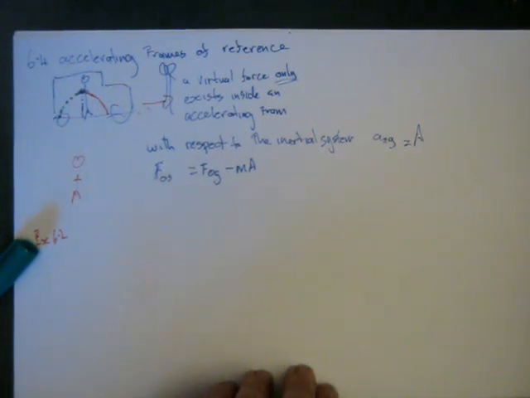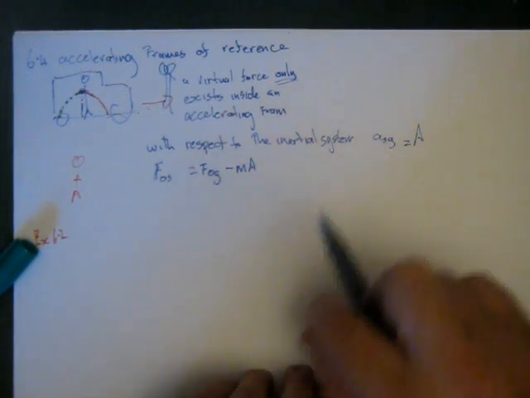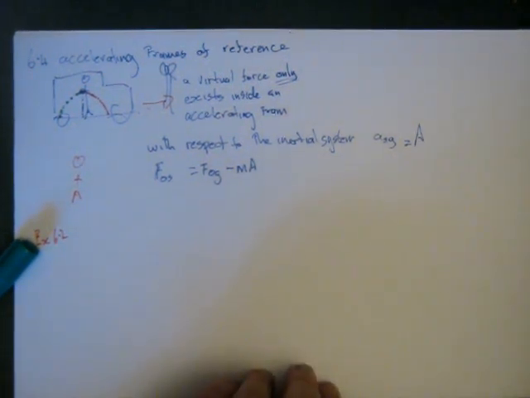There's too many FOs and S's and FOGs. But what we'll do is apply this in a second to elevators. Why? Because Einstein loved elevators when he was thinking about this type of stuff.